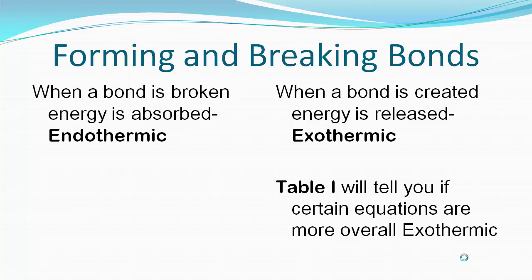So you have carbon and oxygen yields carbon dioxide. So that is overall exothermic. That means more energy is being released because more bonds are being created. Because to bond the C and the O's together, there are more bonds than there is needed to be broken, because that's how it is overall.